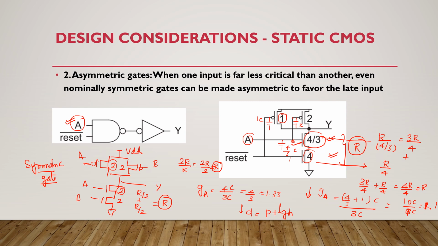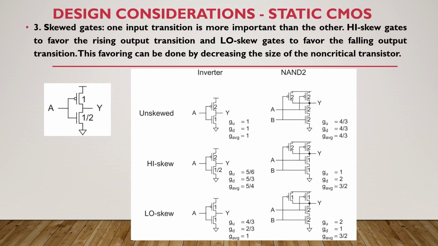The next consideration is skewed gates. What is meant by a skewed gate is, suppose one input transition is more important than the other. We have two transitions, one is falling, another one is rising, right? If you want to favor the rising transition, the rising output, we have to go for the high skewed gates.